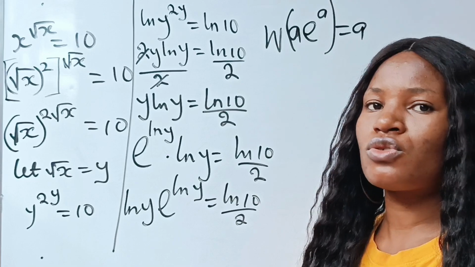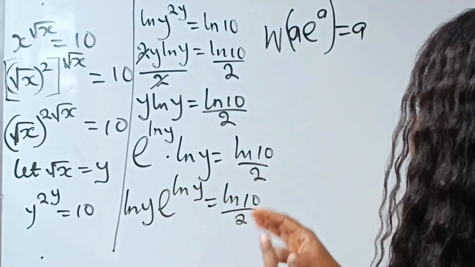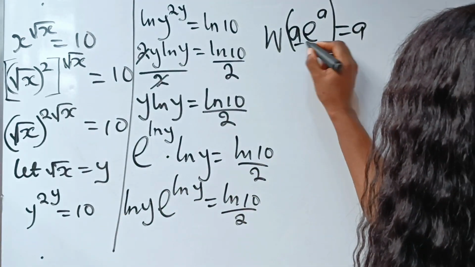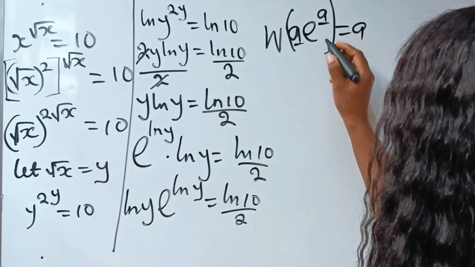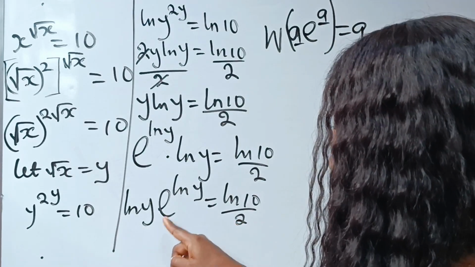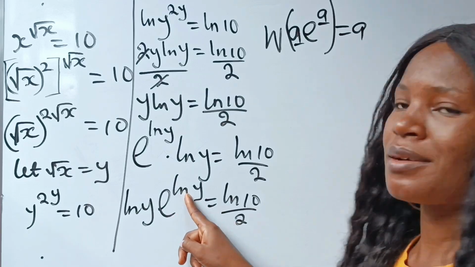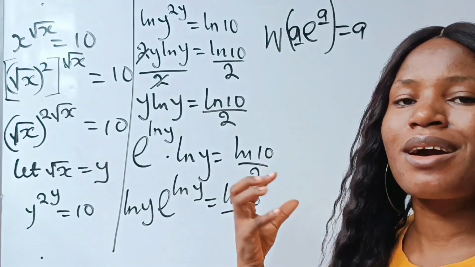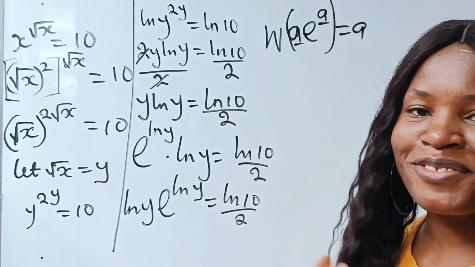So anytime you want to use that, you should try to manipulate whatever you have so that what you have here and what you have as the power should be the same thing. So when you look at this, notice that what we have here multiplying our e is the same thing as the power. So this is the right time to apply the Lambert W function.